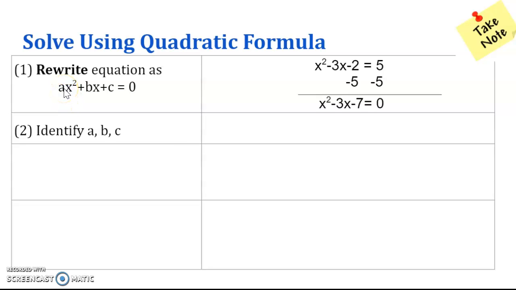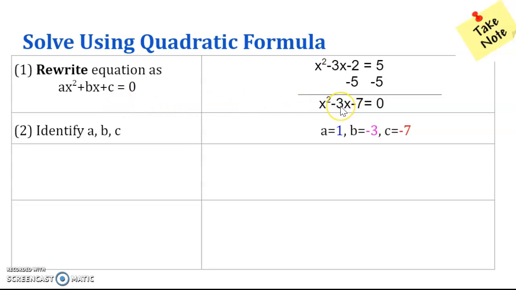Remember, a is just the number in front of the x squared term. What is the value of a in this case? There is no number. That means the default number is 1. So a is 1 in this case. B is just the coefficient that is being multiplied to x, not the x or anything else.